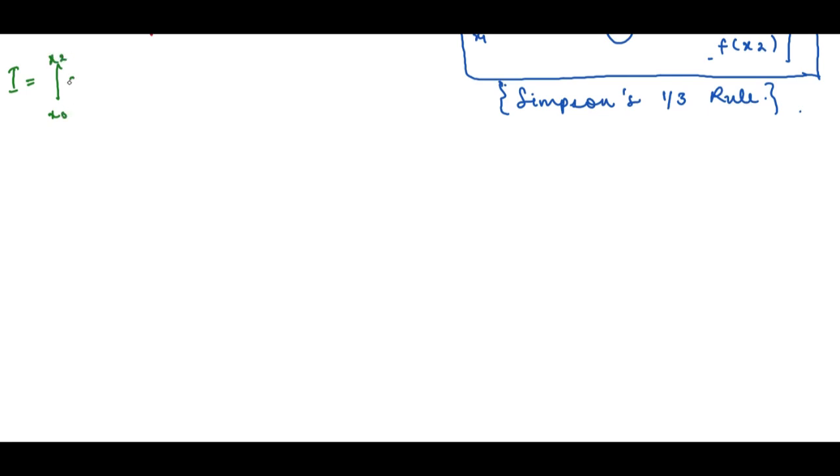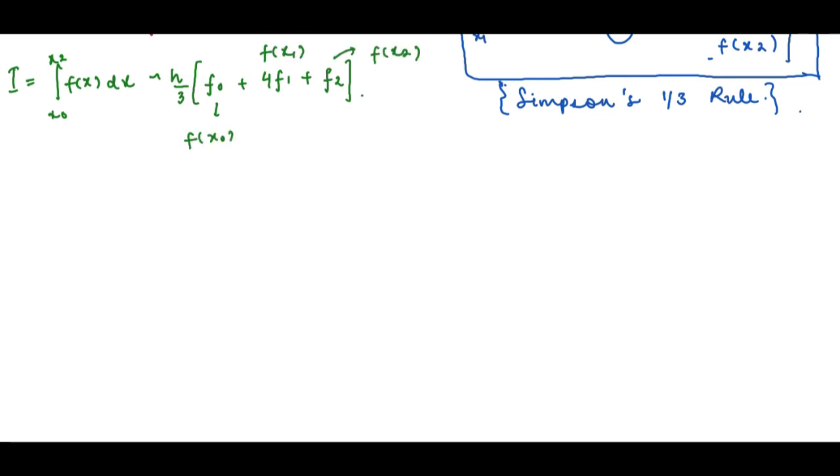For two subintervals, we can take I as h by 3 times f0 plus 4 times f1 plus f2, where f0 is f of x0, f1 is f of x1, and f2 is f of x2. Remember x1 is x0 plus h and x2 is x0 plus twice of h. So the three points must be equally spaced.